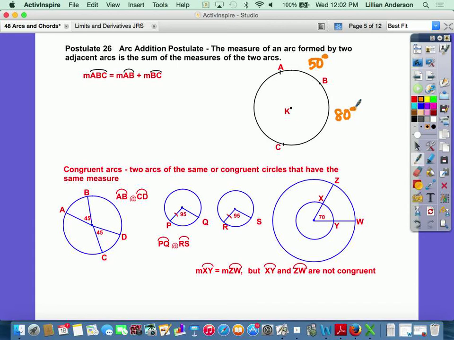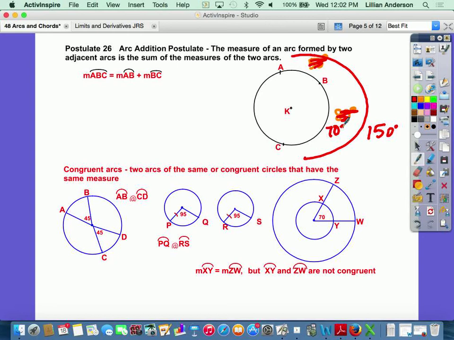What if I said that ABC was 150 and arc BC was 70? What would be the measure of arc AB? It would be 80, because you would just take the big arc and subtract the small arc. It works both ways, okay?